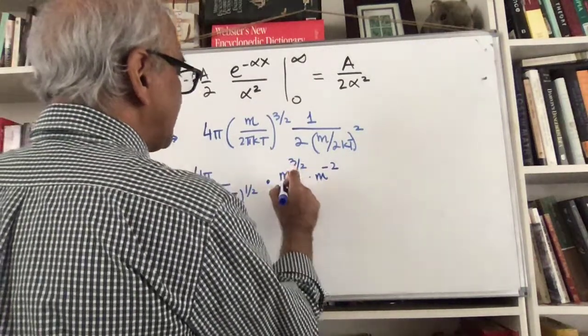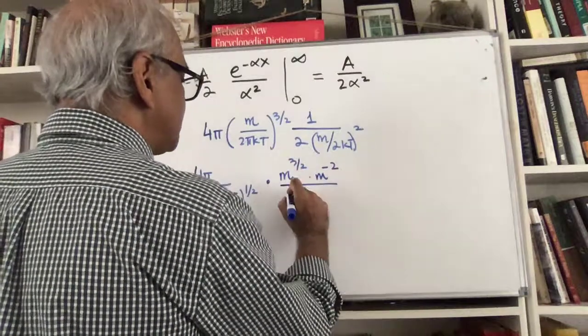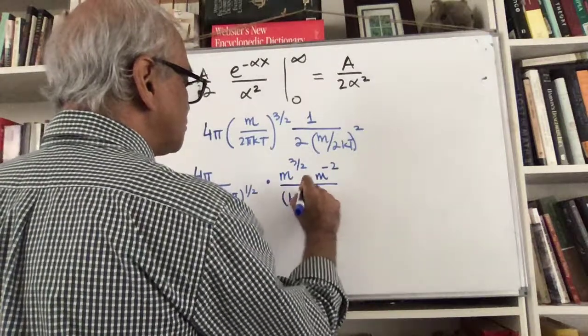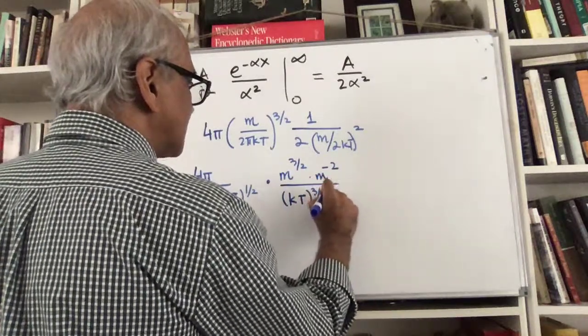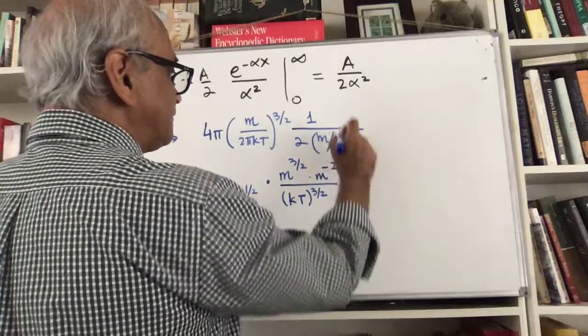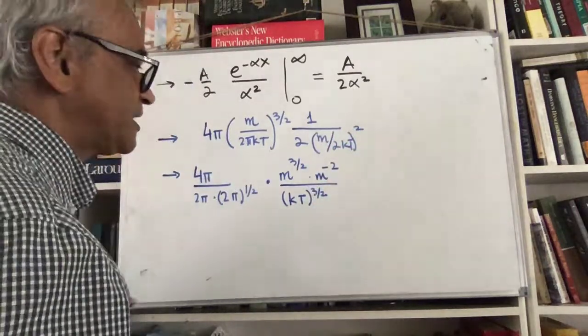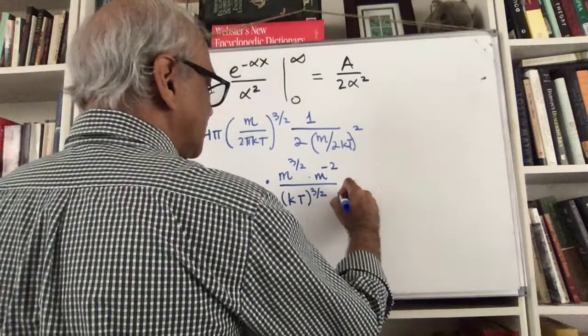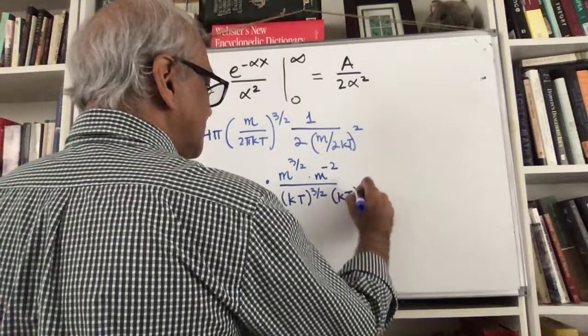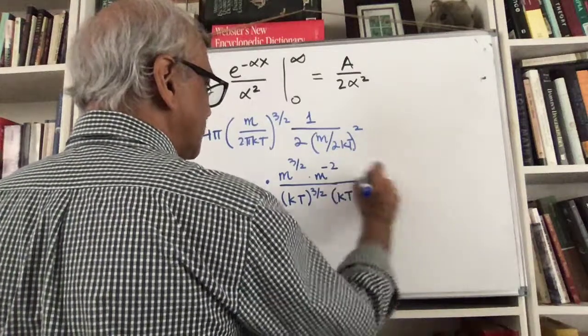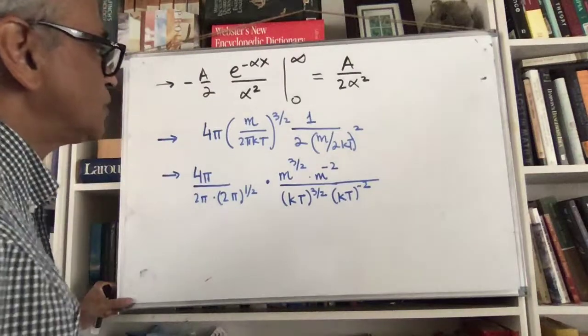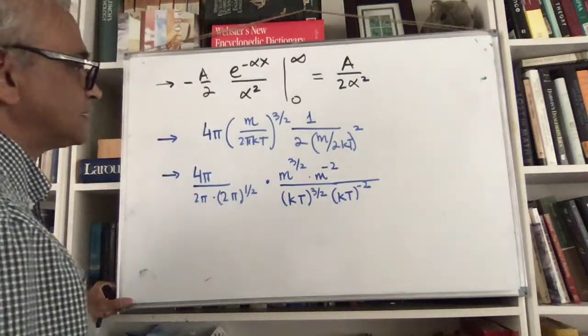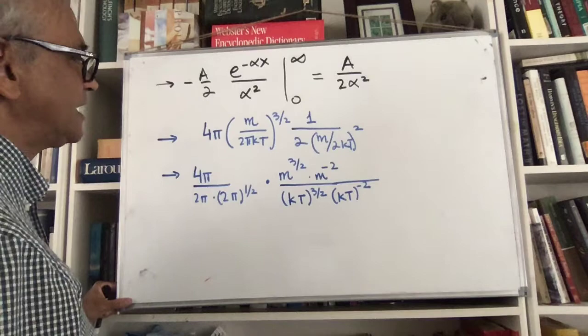Then let's look at kt here. Kt is 3 over 2. This kt, if you take upstairs, will be kt square. If you bring it down, it would be kt to the minus 2. So I have that.